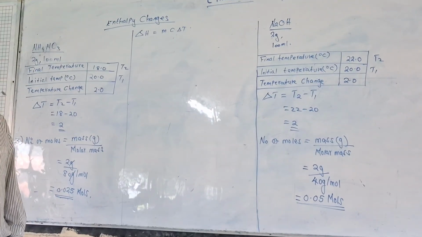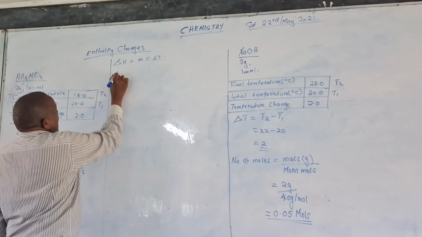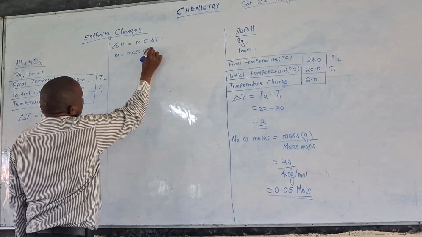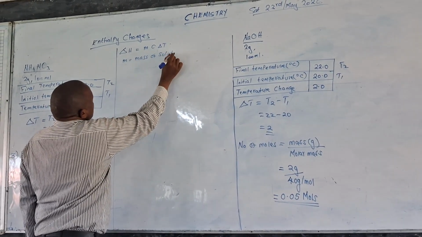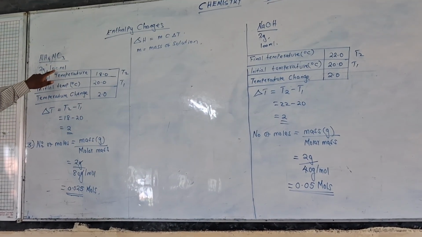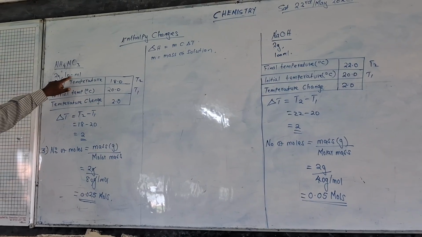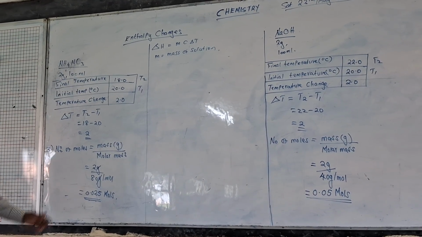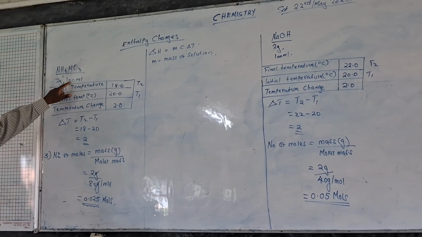MC delta T. Now what is M? M is equal to the mass of solution. For our case, we'll assume that our solution is 100 ml. Assuming that density is 1 gram per cubic centimeter, then this is 100 grams.